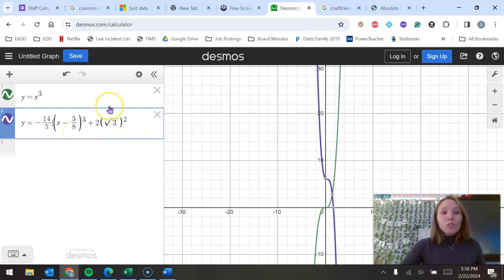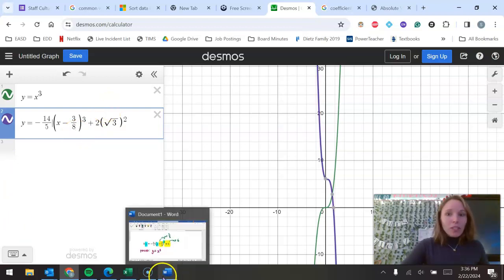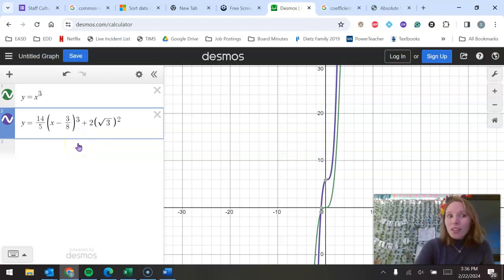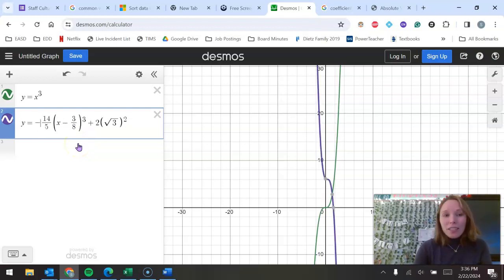So let's talk about what we're seeing happen here. We saw that the graph is changing direction. Now, if I take out the negative sign here, let's see what that does. The negative sign in the front is making it reflect over the y-axis.